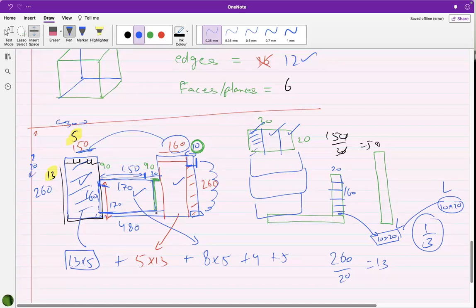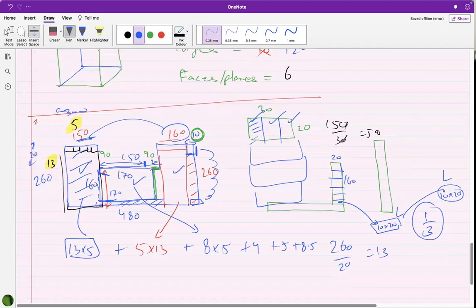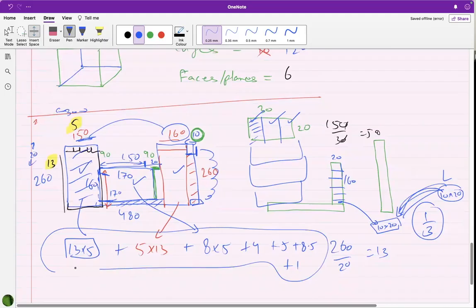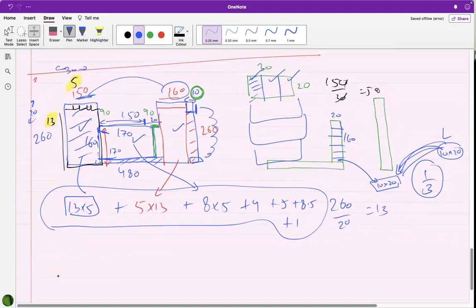So 8.5 tiles will fill this completely. That is another 8.5. Now these remaining are actually 1 by 3 and 1 by 3 of those. So if I add these two, 10 by 10 and 10 by 20, I'm using one complete more tile. So these are the number of tiles I will need to fill in the space.